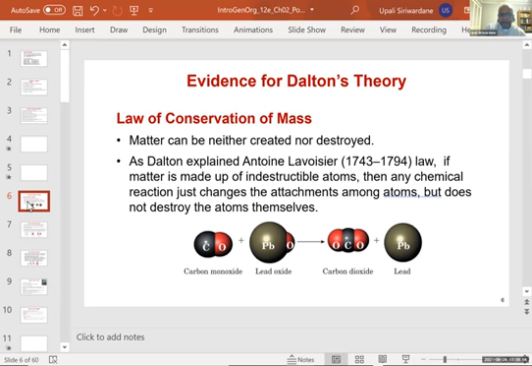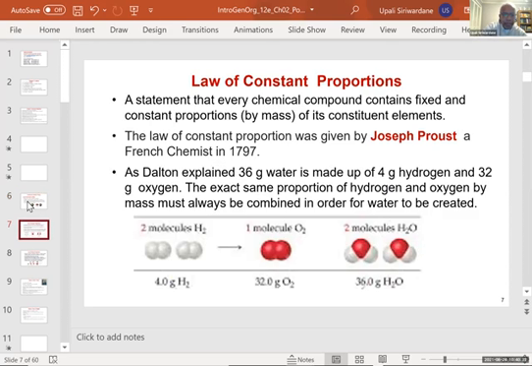This is easy to explain based on the atomic view. So the idea of atom is very useful. To describe the law of conservation of mass, Dalton proposed his theory.